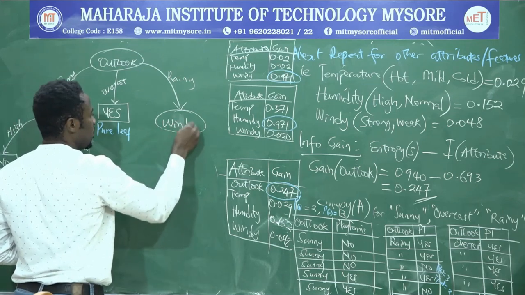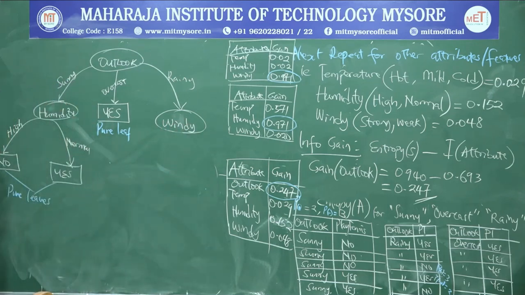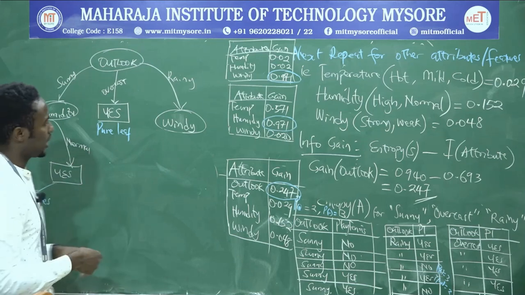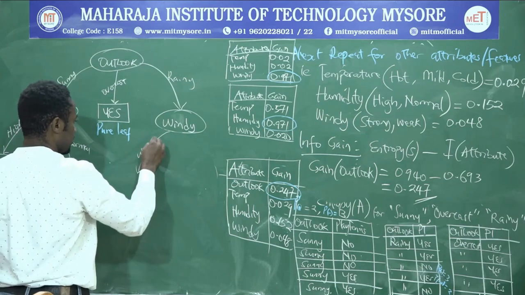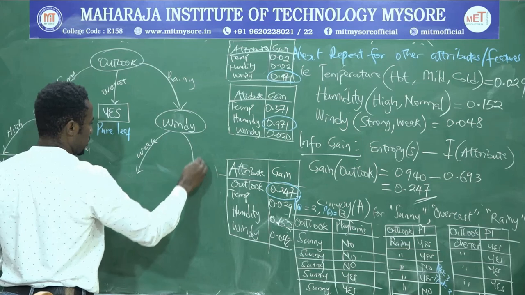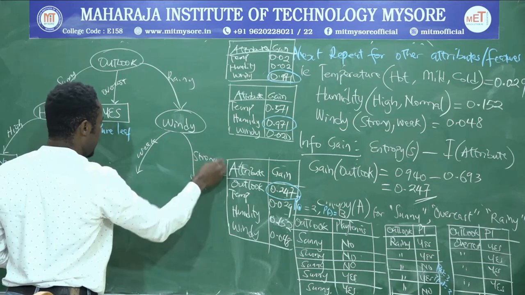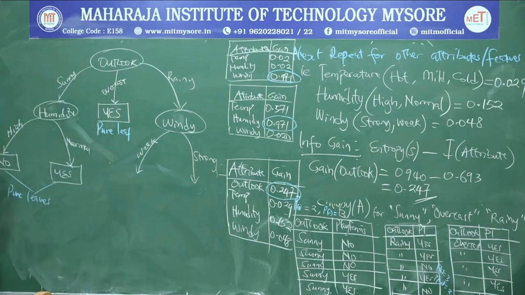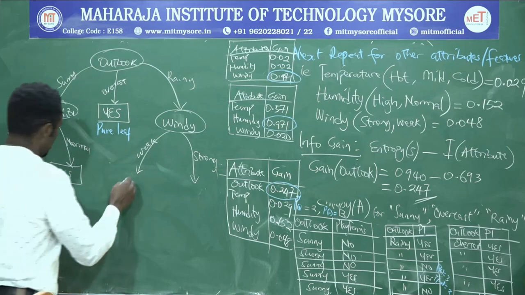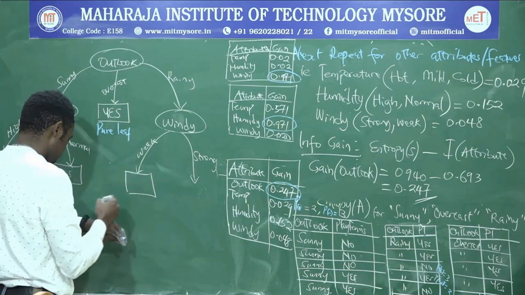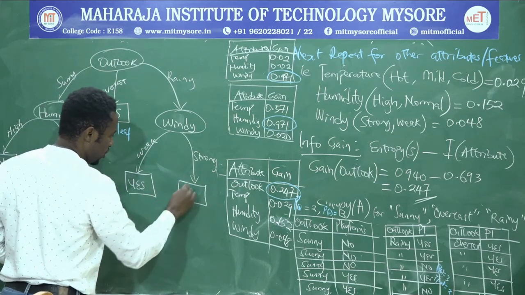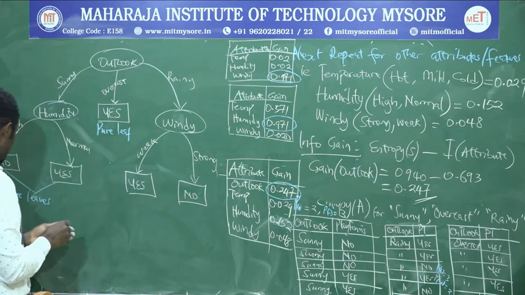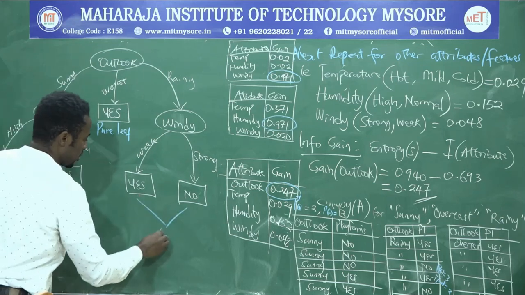Windy had two sub-attributes, weak and strong. For weak, it was yes, and for strong, no. So again, we have obtained pure leaves.